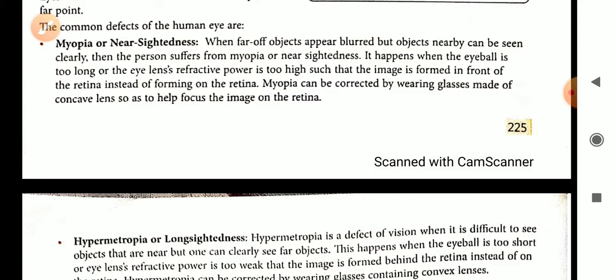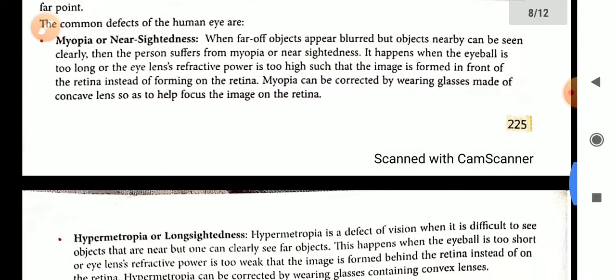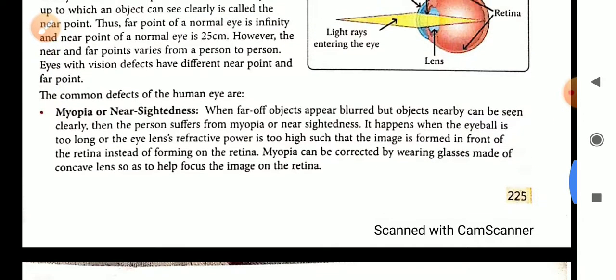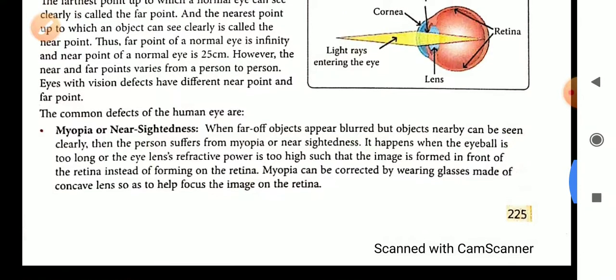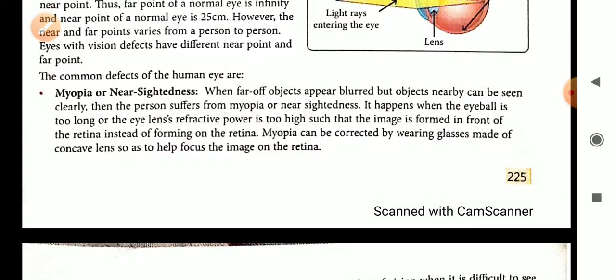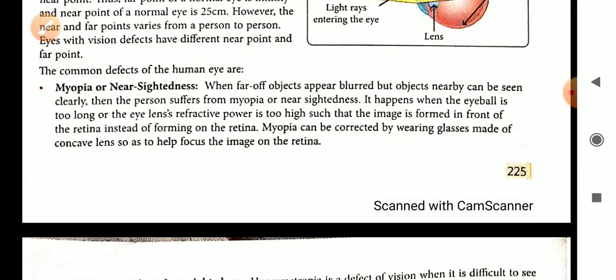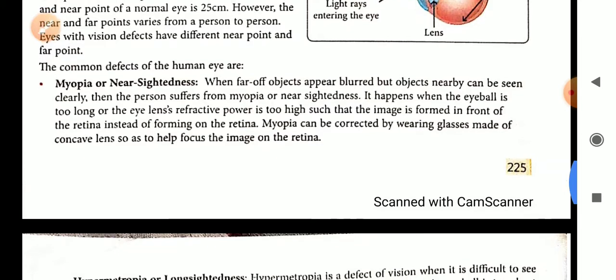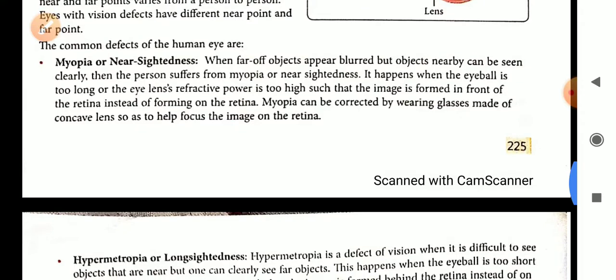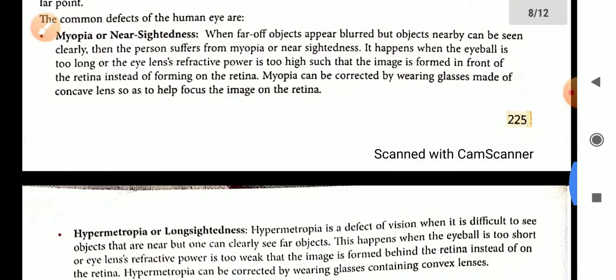It happens when the eyeball is too long or the eye lens's refractive power is too high, and the image is formed in front of the retina. The image which has to be formed on the retina cannot form there, it forms in front of the retina, and so the person suffers from this defect. It can be corrected by wearing glasses made of concave lenses so as to help focus the image on the retina.